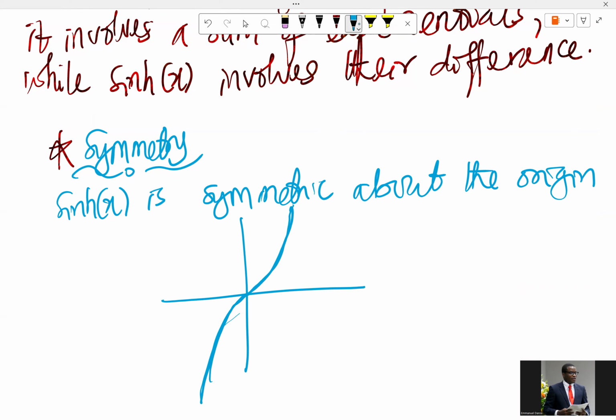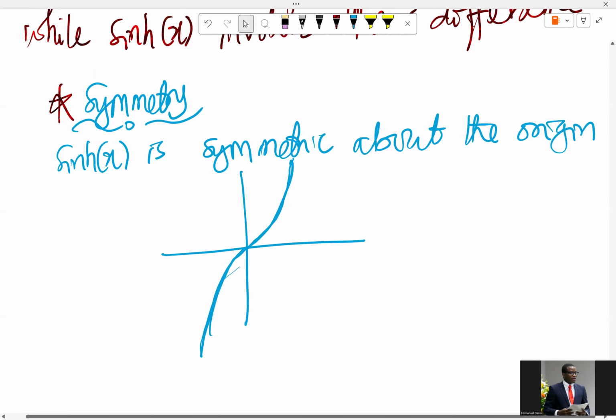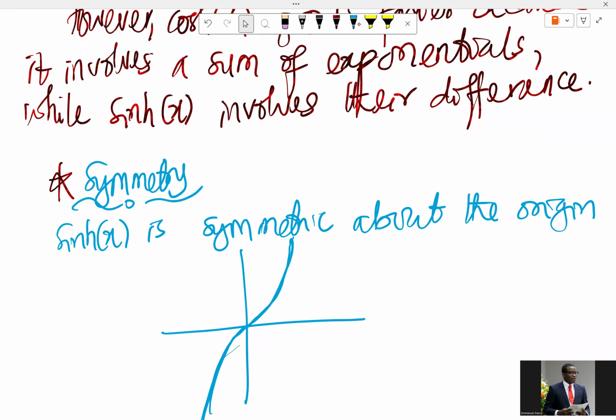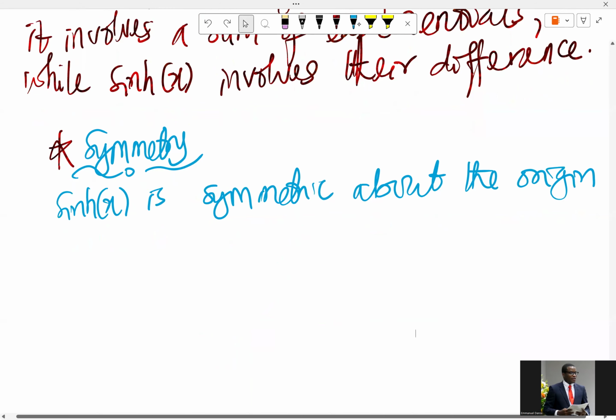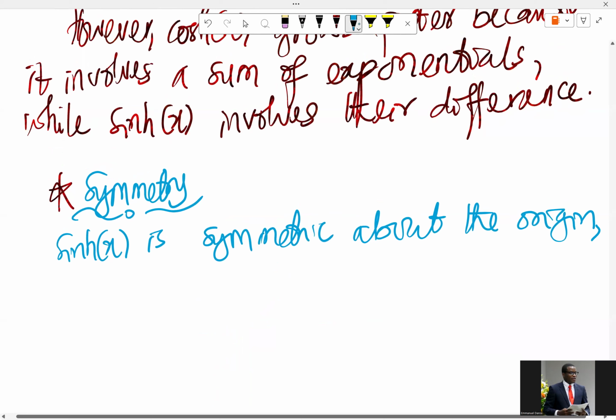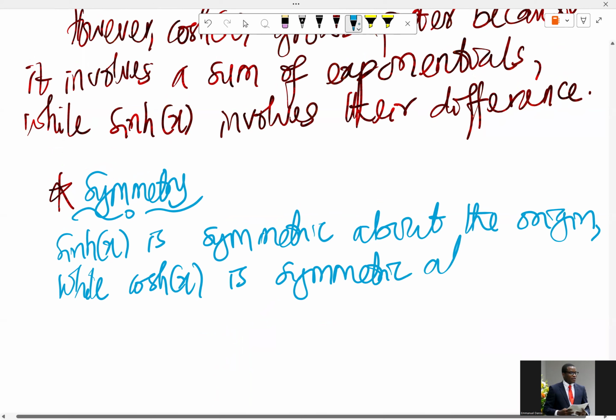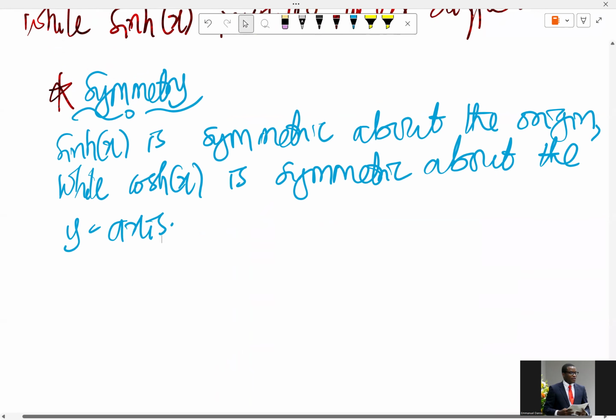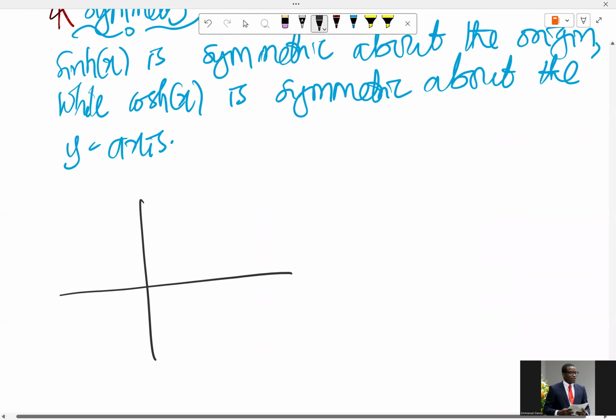Sinh x is symmetric about the origin, while cosh x is symmetric about the y-axis. And that is easy to comprehend because this is it. For sinh, you have something coming, enters here, and goes this way.